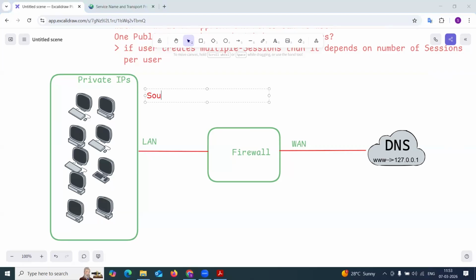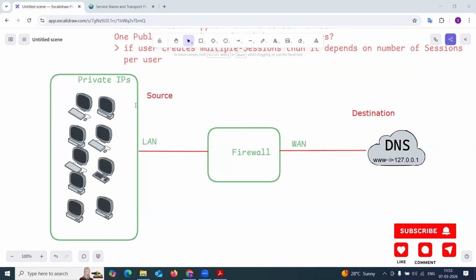It's my source, and this is my destination. So source needs to get translated in this scenario. That's why we call it a source translation. Understood? We call it a source translation because source has to get translated here because source is private.